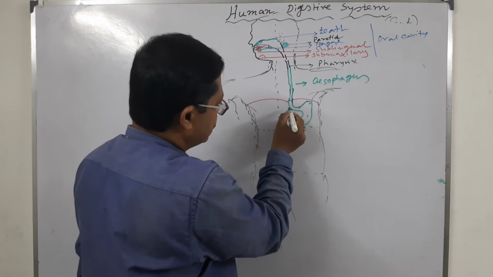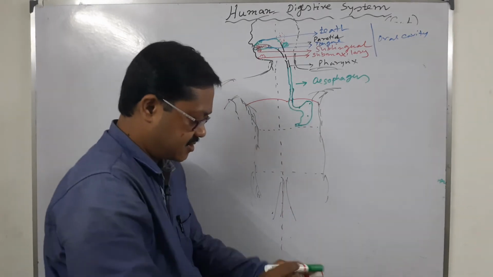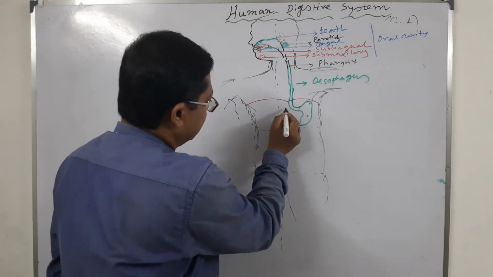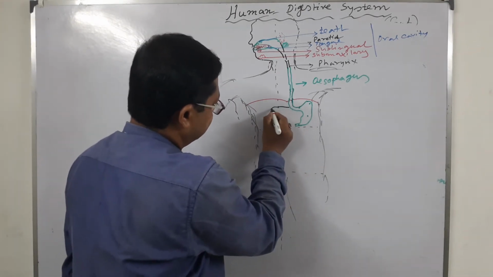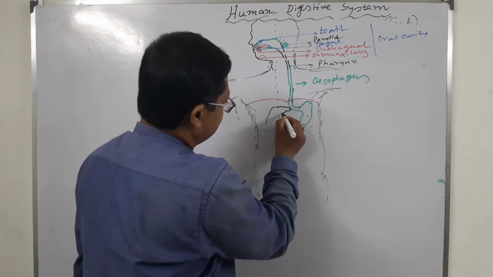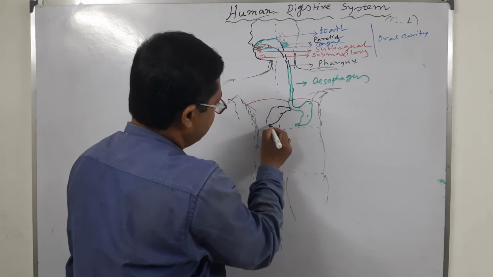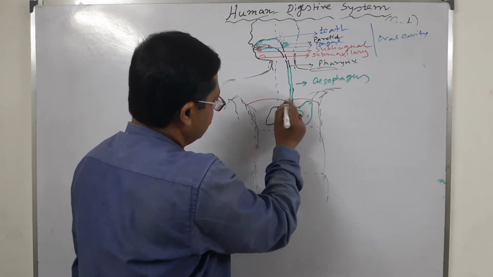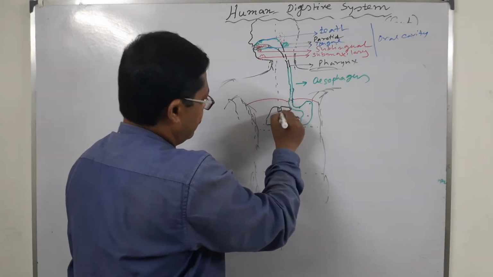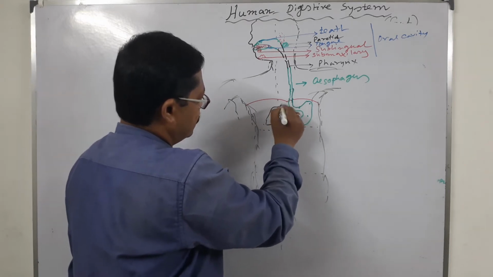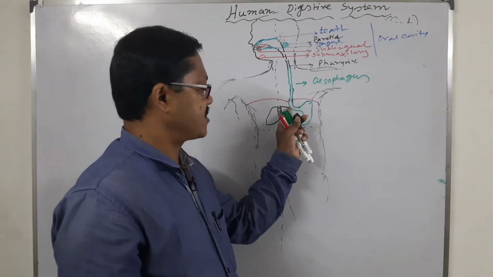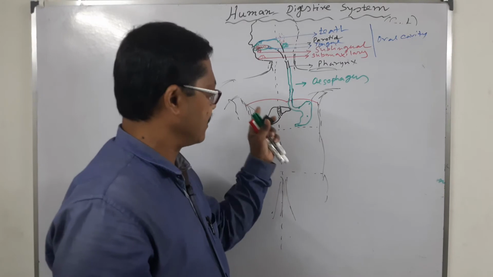On the side of the stomach, there is a gland. This gland is the liver. The liver is the largest gland of the human body, and it has two parts, the left lobe and the right lobe.